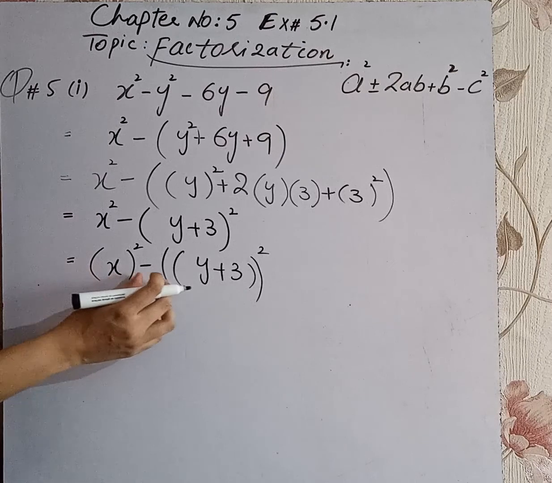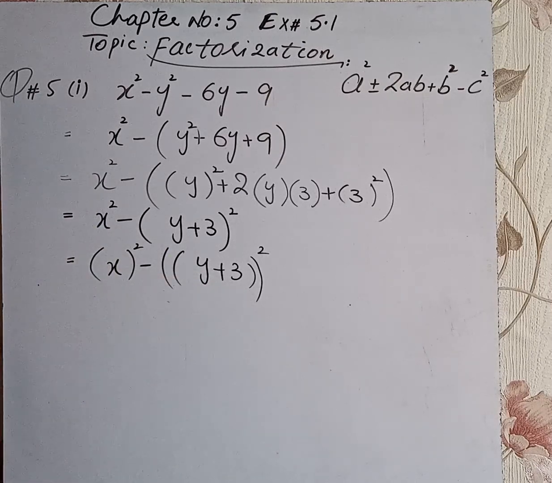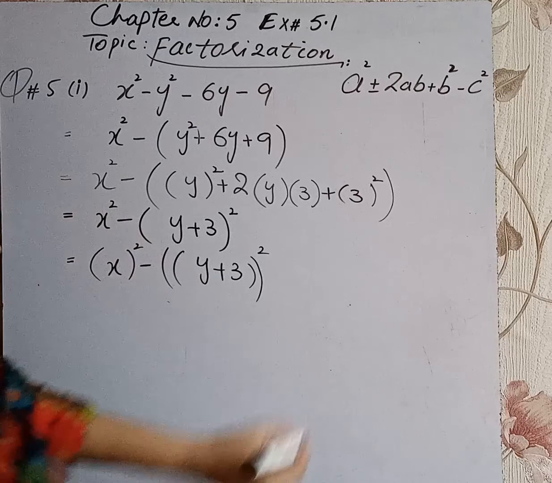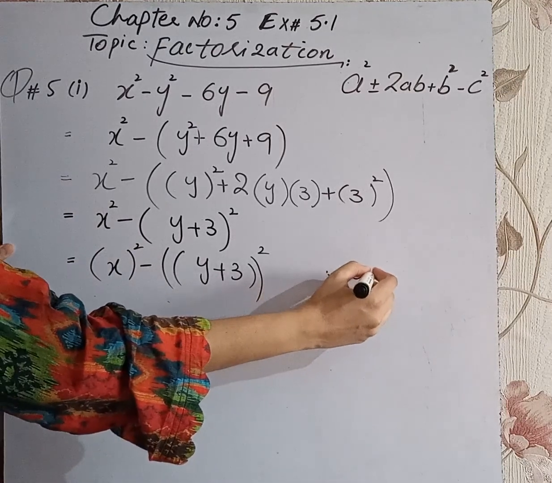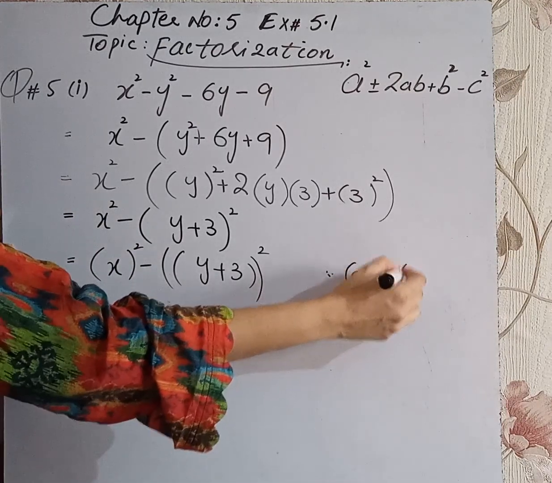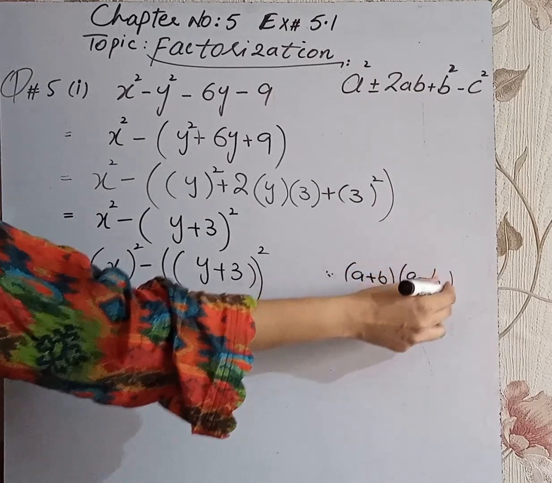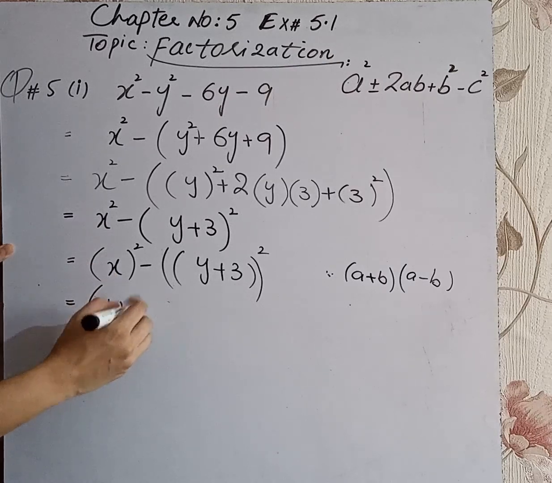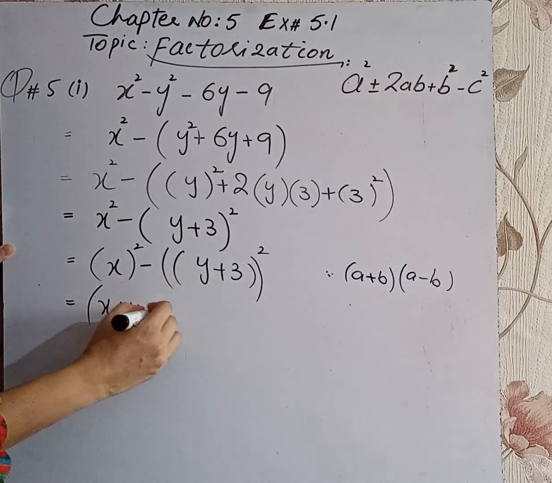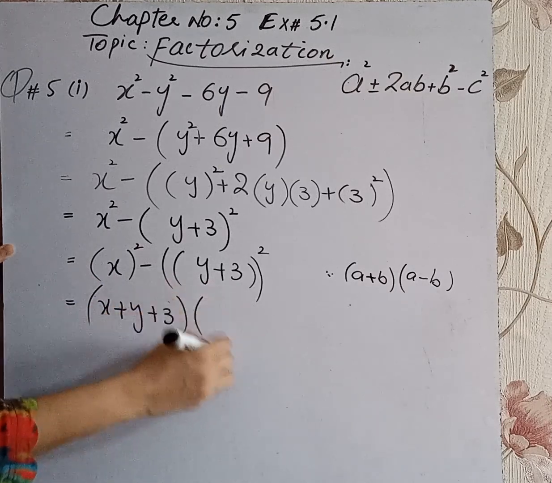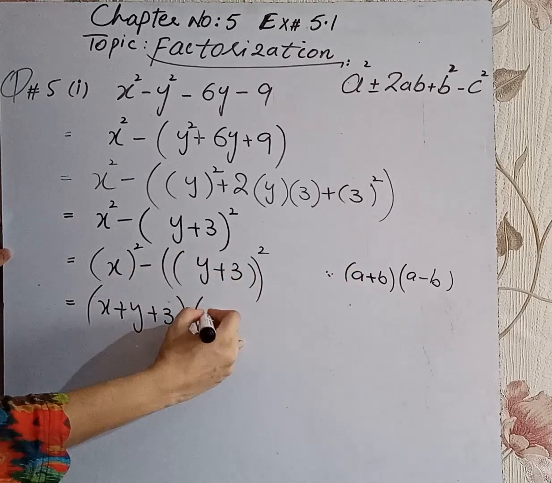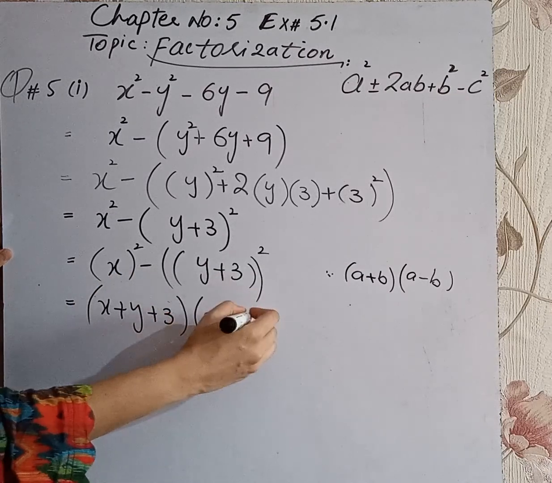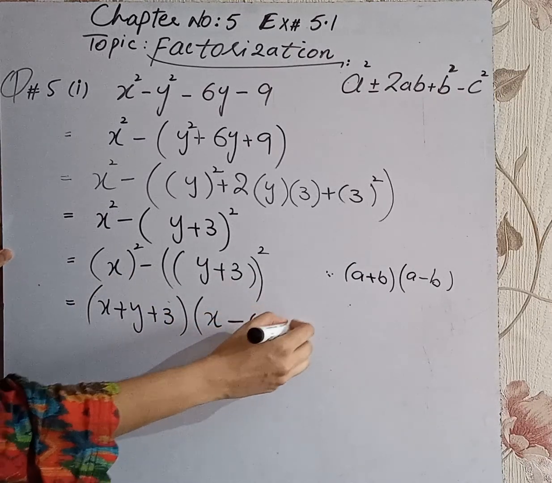Now this is a squared minus b squared, and as you know, a squared minus b squared is always equal to a plus b into a minus b. I will open this as a plus b into a minus b. What is a here? x. What is b here? y plus 3. a minus b: a is x minus b, we write in the bracket, y plus 3.